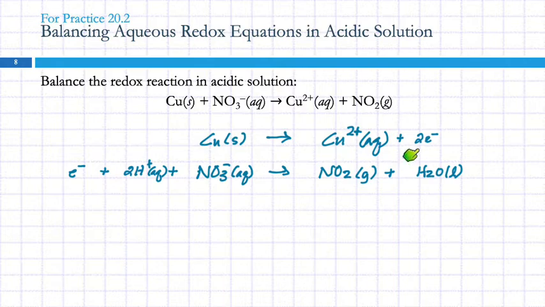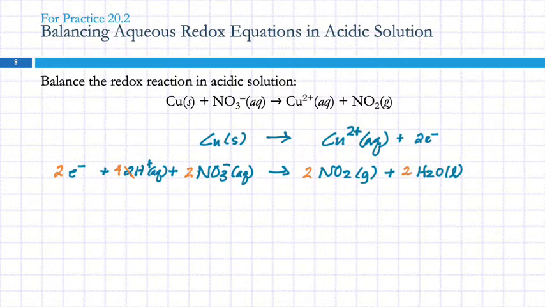My number of electrons is not equal. Here I've got 2 electrons, and down here I only have 1. So I'm going to multiply the equation that doesn't have enough electrons by a factor to make them equal. So here I have 1. If I multiply everything by 2, then I have 2 electrons. I also have 4 hydrogens, 2 nitrates, 2 NO2, and 2 H2O.